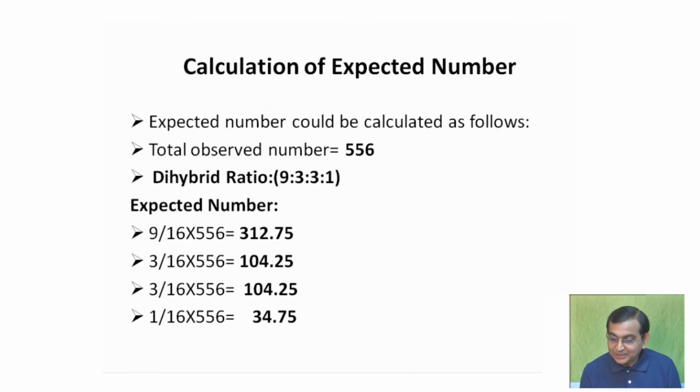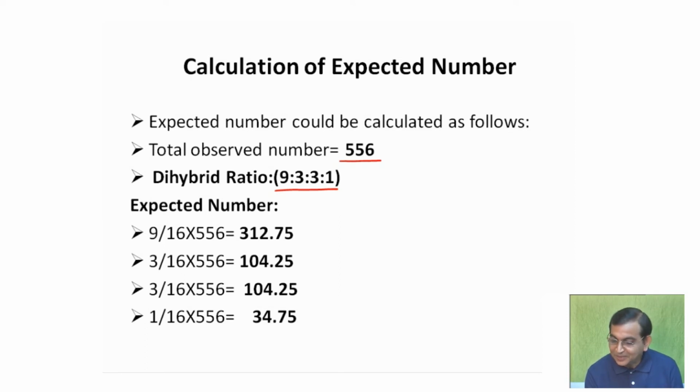In the F2 generation, the total number he observed in his experiment was 556, and his dihybrid ratio was 9:3:3:1. Now we can calculate the expected number from this total observed number of 556.